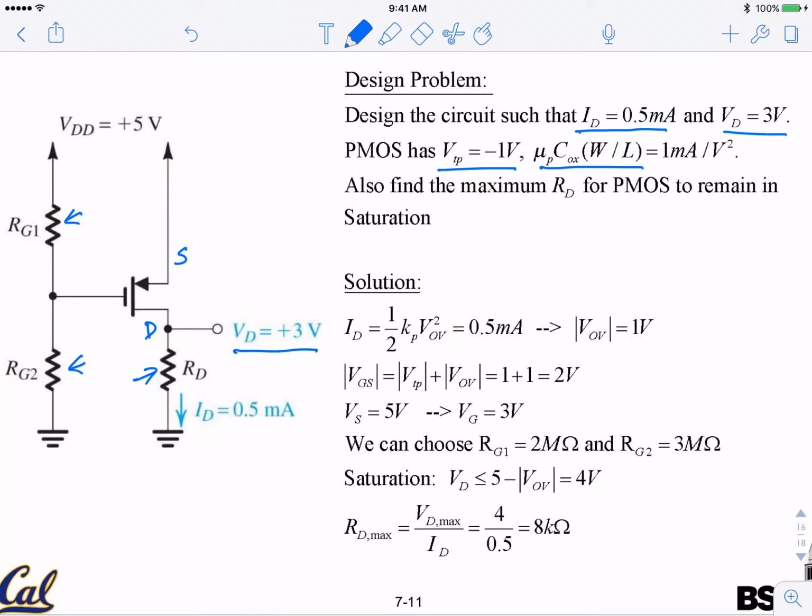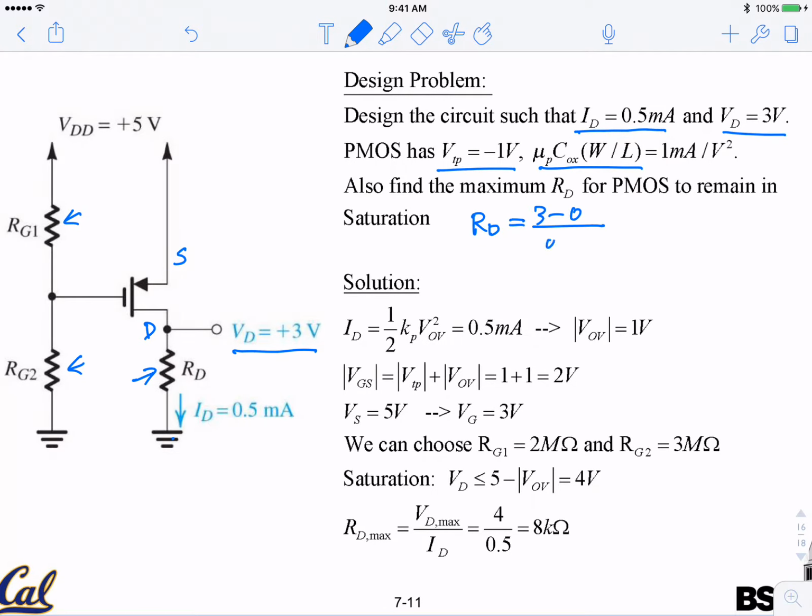RD is very easy to choose. We already know the current and we know the bottom bias. So the value of RD is 3 volt minus 0, divided by 0.5 milliamp, which is equal to 6 kilo ohm.